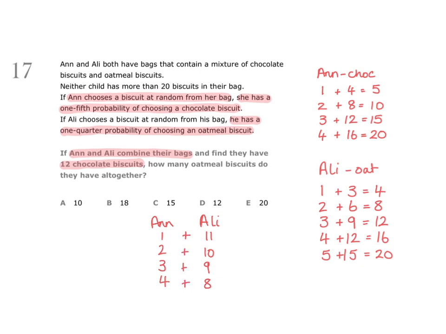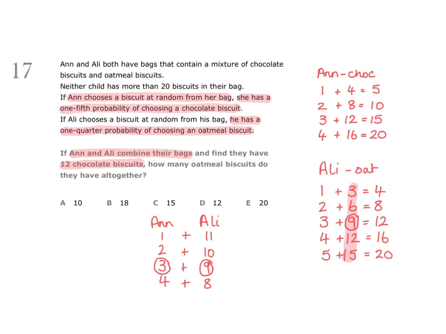We know, however, that when we're thinking about Ali's potential number of chocolate biscuits, he can only have 3 or 6 or 9 or 12 or 15. So it must mean that he has 9 chocolate biscuits, and that means that Anne must have 3 chocolate biscuits.